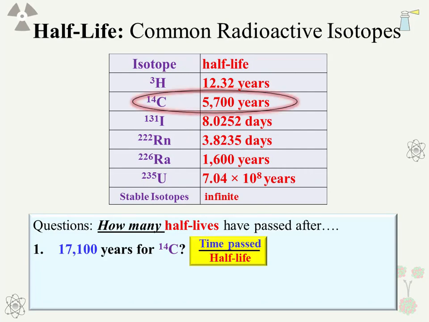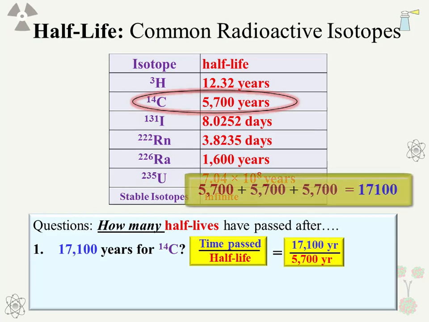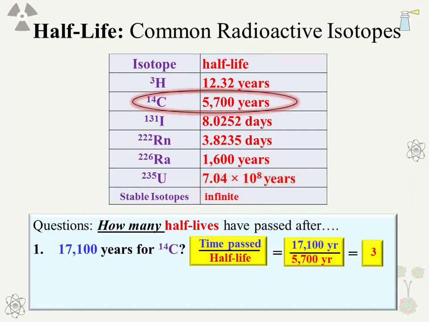For carbon-14, the half-life is 5,700 years. Take the time given that has passed, 17,100 years, and divide by that 5,700 years. In essence, we are asking how many 5,700 year periods are there in 17,100 years? Turns out it's 3. While the answer for this question is a whole number, it does not have to be.